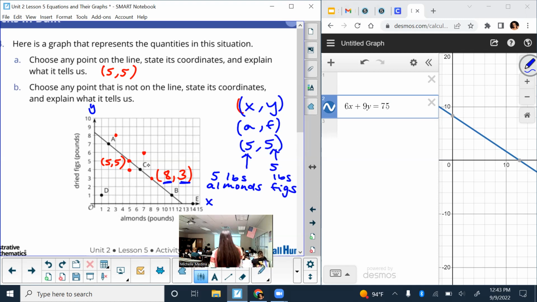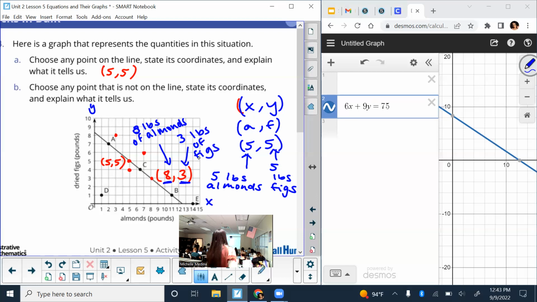There's 8 pounds of almonds. Good. 8 pounds of almonds, 3 pounds of figs.